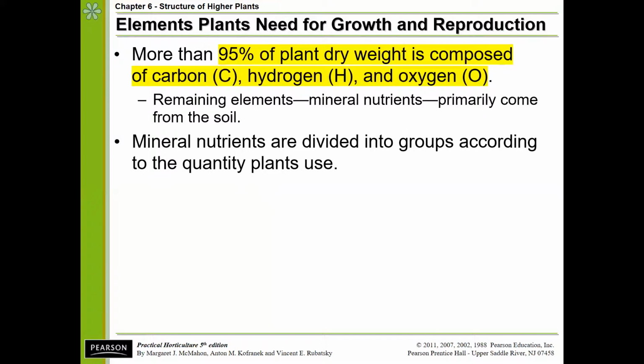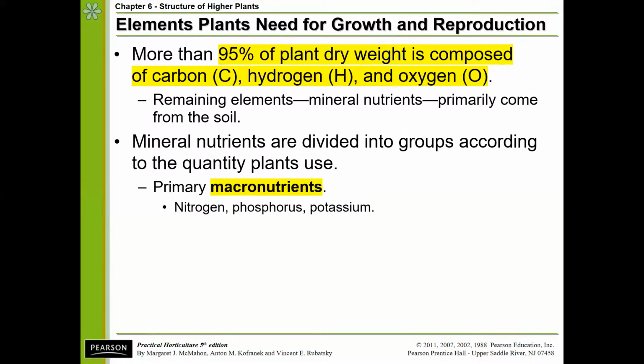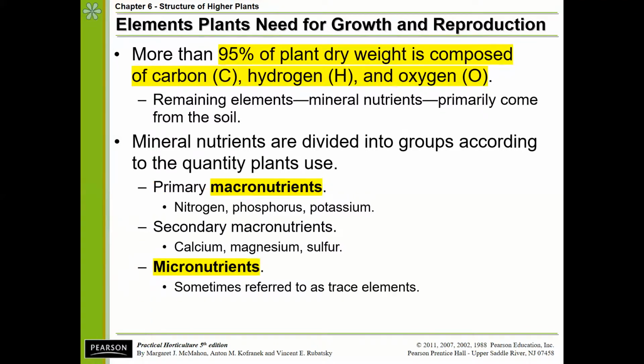That was probably my fault. So I'll fix that. Just want to reiterate that it's NPK on the fertilizer bag, right? Your 10-10-10 is 10% nitrogen, 10% phosphorus, and 10% potassium. And know what the primary and secondary macronutrients are again, and the micronutrients. I think most of you got those correct.